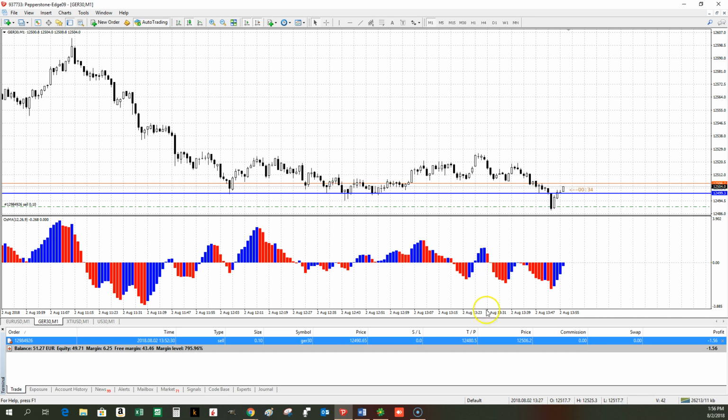Okay, so you see my profit and loss right now is minus 1.56 euro, and I'm gonna take a new trade when I'm gonna have this situation.